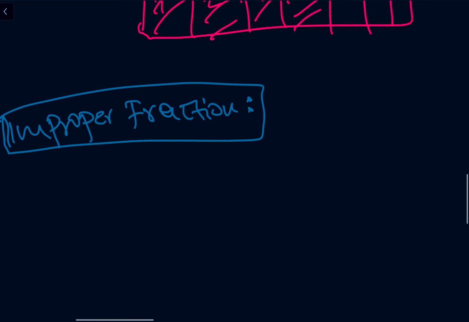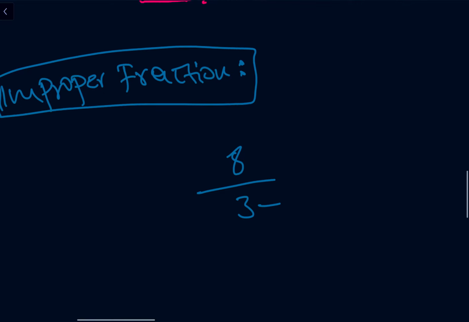In an improper fraction, the numerator is always greater than the denominator. So an example of that is 8/3. So this is the denominator, and this is the numerator.